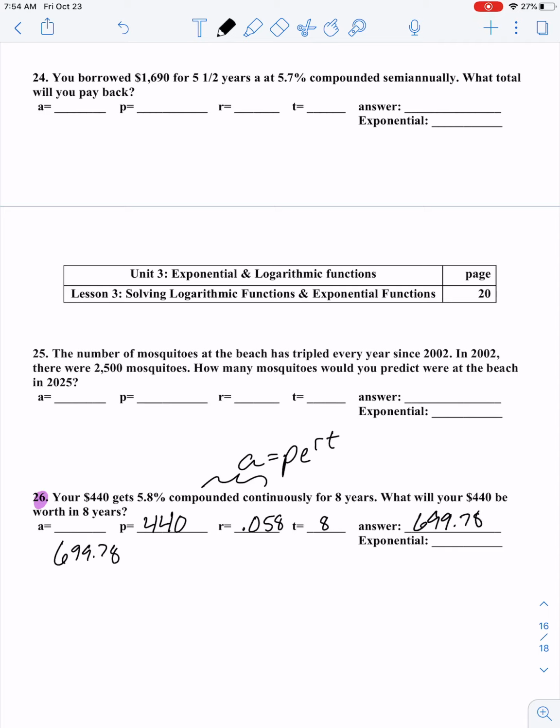One thing I want to quickly mention about these, make sure that you're answering the question. Sometimes they'll get you and ask you how much interest was gained. Your interest rate is going to be an answer, but they're looking for the dollar amount.